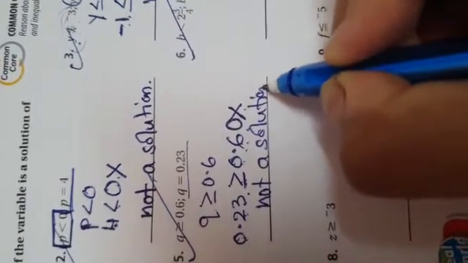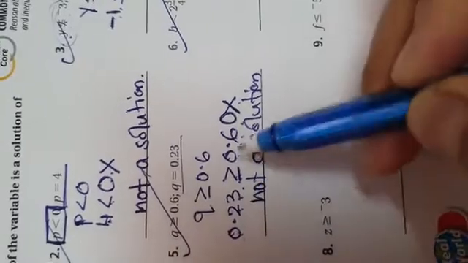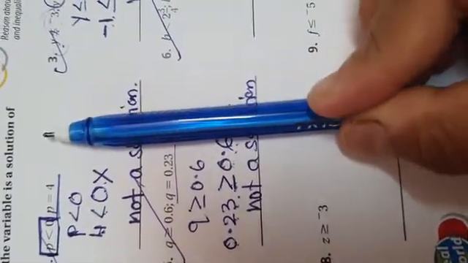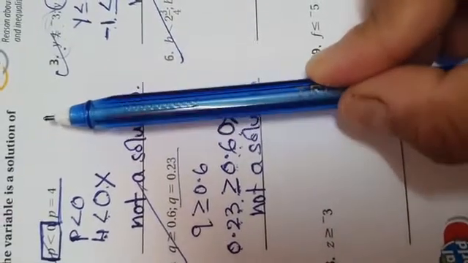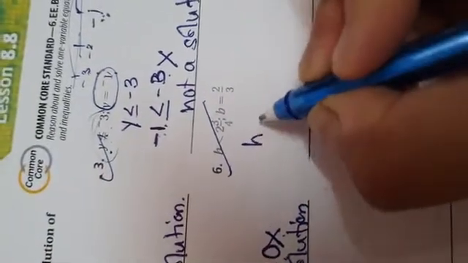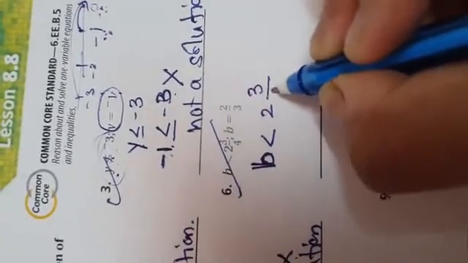I'm repeating again. If you have 3 digits on this side, and only 2 digits on this side, like the question we got, you need to make them both equal by adding zeros. Okay, now the next one is b is less than 2 3 over 4.